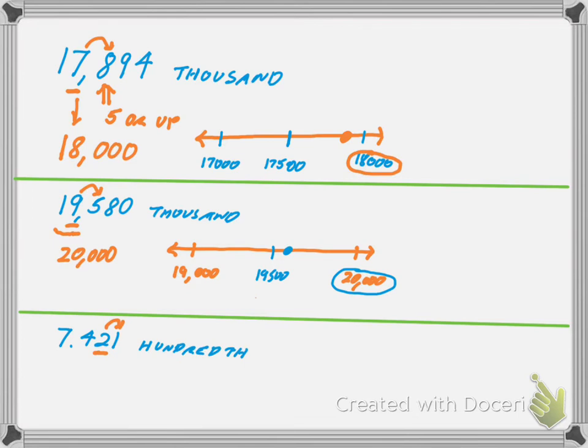The 2 is going to stay as a 2 because to the right of the 2 is a 1, and it's not 5 or up. So this is going to round to 7 and 42 hundredths. Notice that in the above examples, the rounded answers were 18,000, 20,000, and 7 and 42 hundredths. So what we're rounding to is the last word that we say when we read the place.